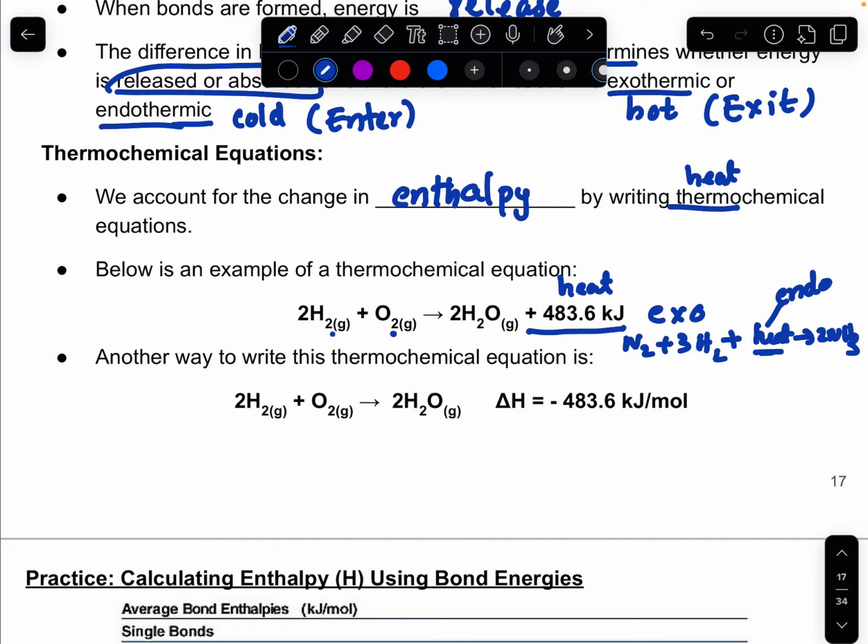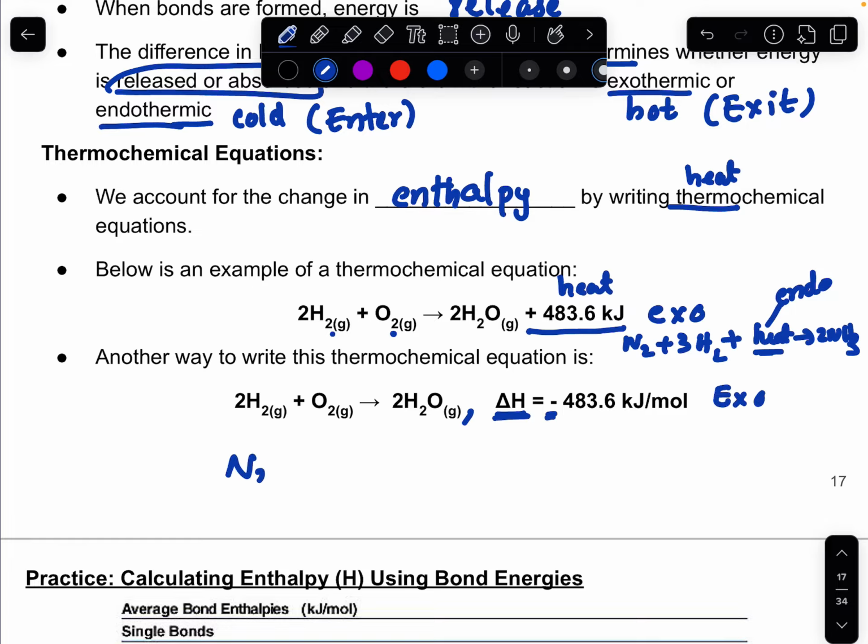Then another way of expressing the energy in a reaction, not a thermochemical equation, is by writing the equation, then putting a comma, and writing delta H is equal to negative this much. If it is negative, that means the system is losing energy, that's why we indicated the sign with a negative, so that will also be exothermic.